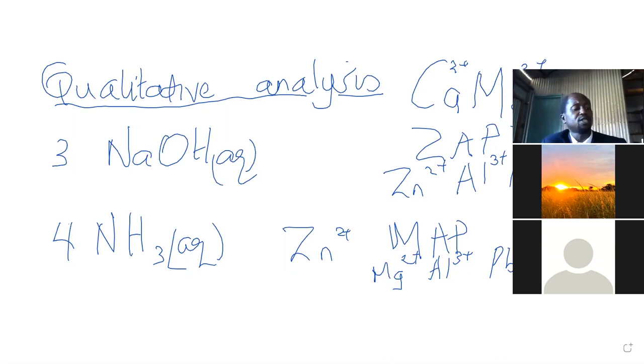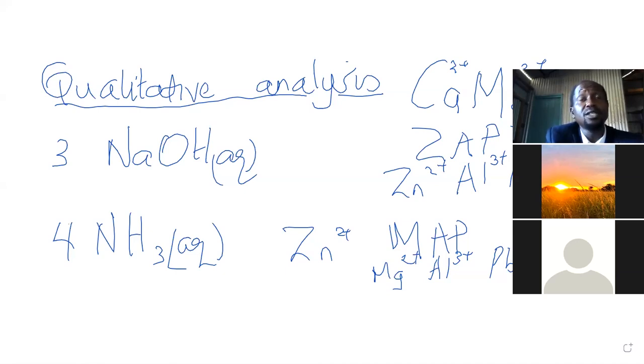No white precipitate. You do not record no observable change. Do not record colorless solution formed. Do not record no observation. Should be no white precipitate. Do not also record no precipitate.